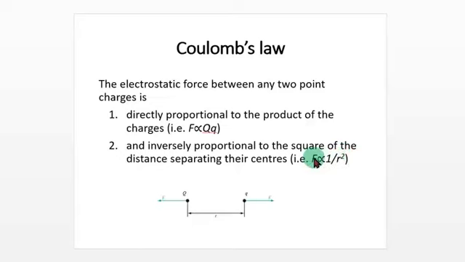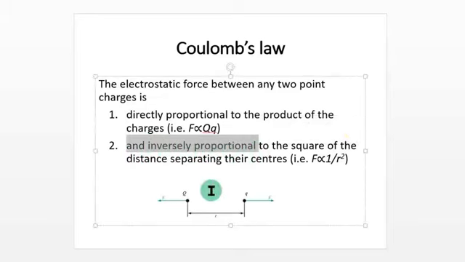So if they are very close to each other, then the force between them will be very, very strong. In other words, as the charges separate, the force becomes weaker and weaker. But as the charges get close together, where the distance becomes smaller, then the force between the charges becomes stronger. So this is all that Coulomb was saying.